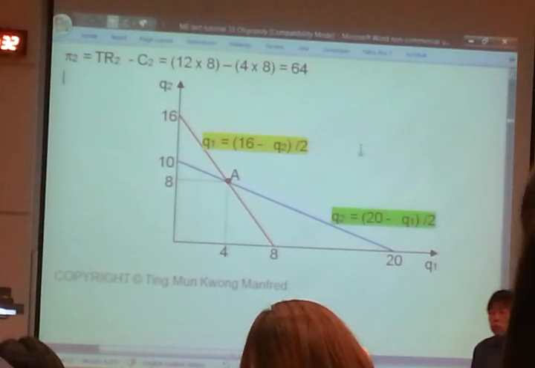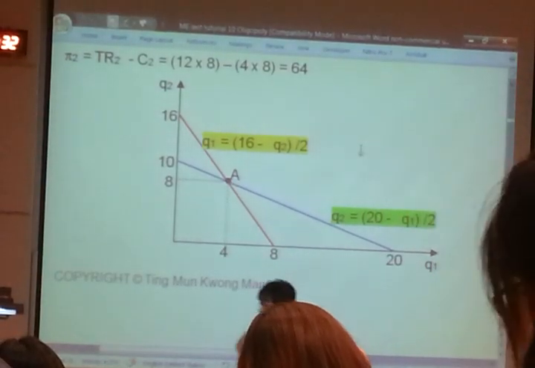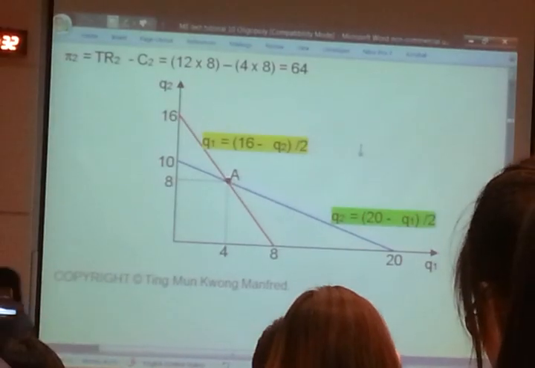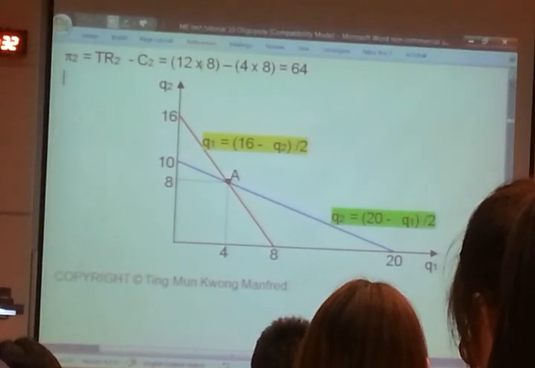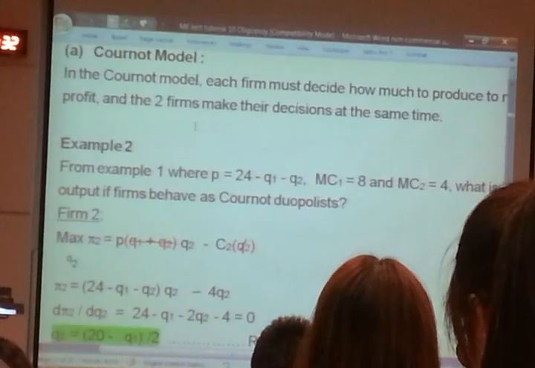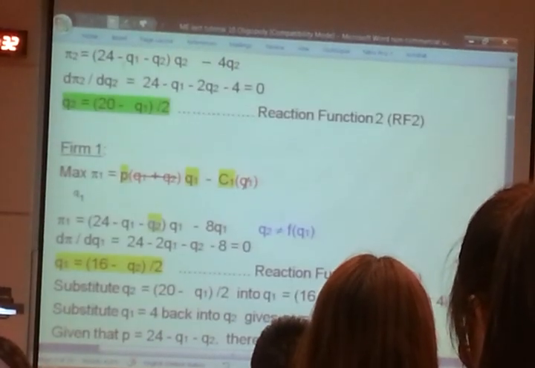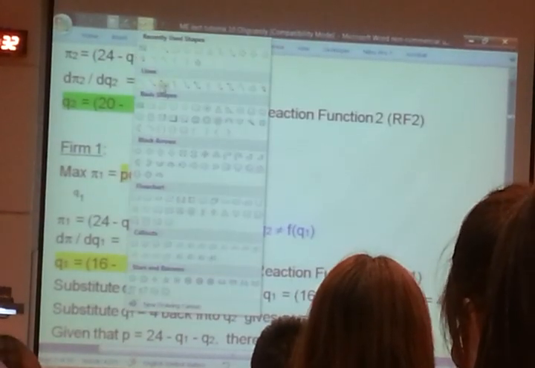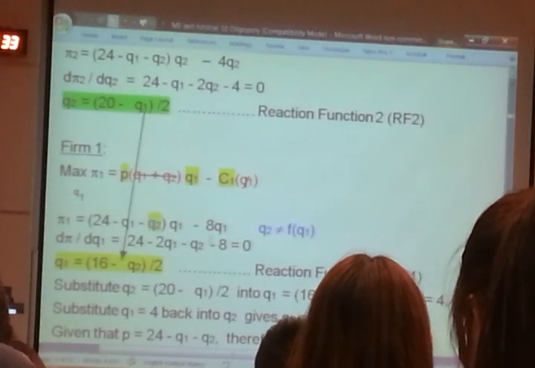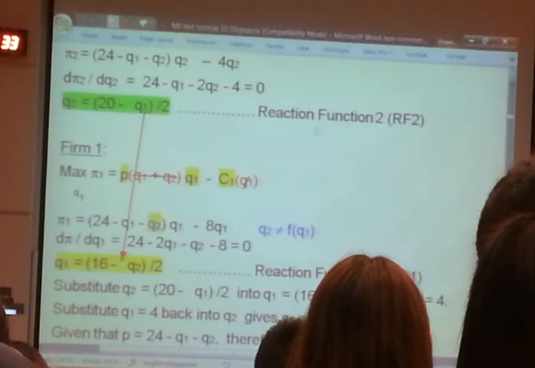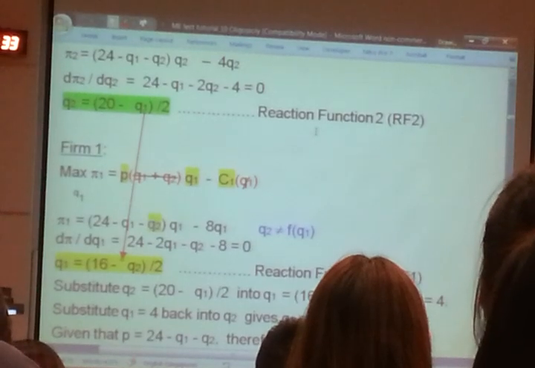It means in mathematics, if you want to find a Nash equilibrium, what you do is solve these two equations simultaneously. Okay? Solve them simultaneously, you get the Nash equilibrium.